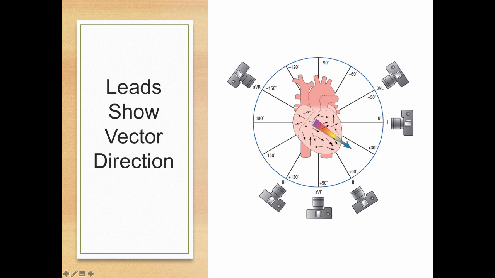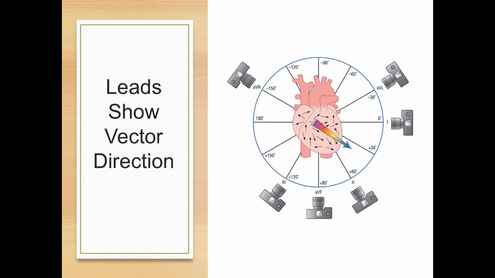AVF, again, should be primarily positive. If we looked at AVR in a normal heart, electricity is flowing away from this window. It's getting smaller and smaller and smaller. So in AVR should be negative. So your QRS complex, and that's what we're looking at here, this QRS, this R wave axis, should be positive in some leads and should be negative in others, like AVR.